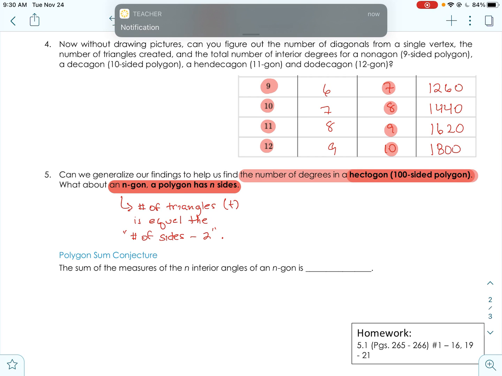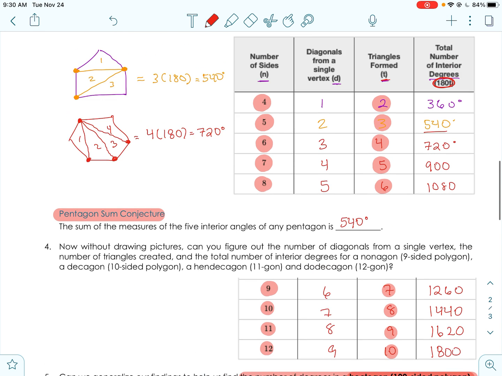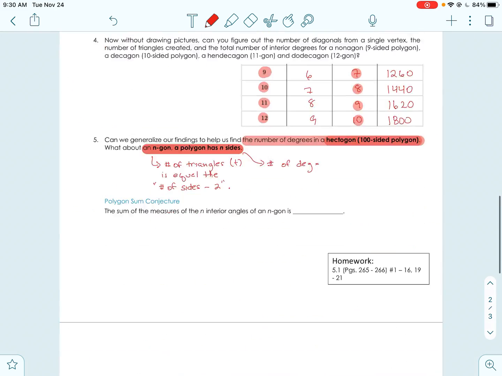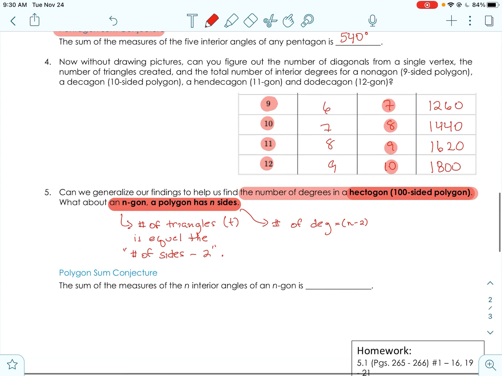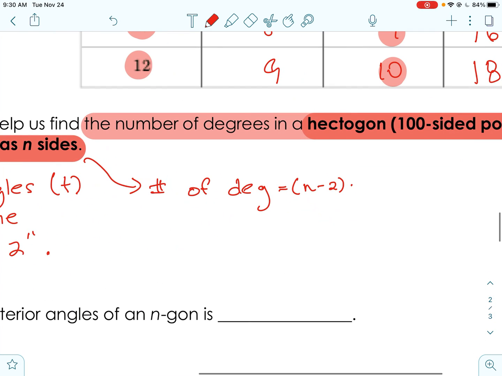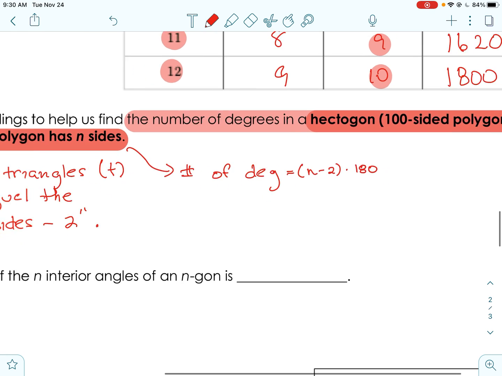Okay, so if we wanted to write an equation for this, the number of degrees is equal to the number of sides, which is represented by the letter n, so n minus 2, which gives us the number of triangles, and then we multiplied the number of triangles by 180.